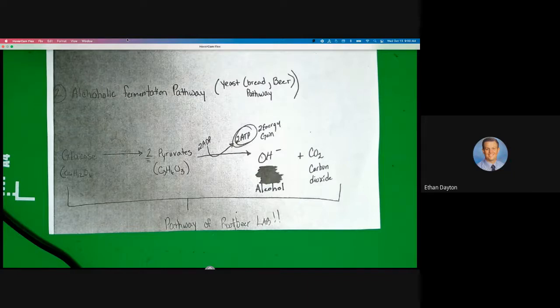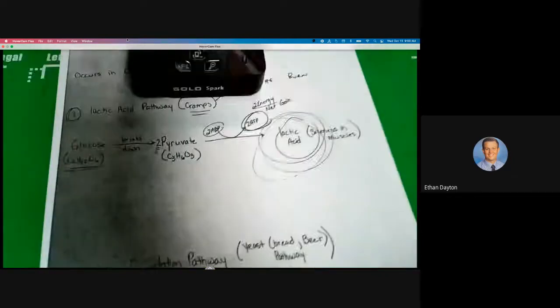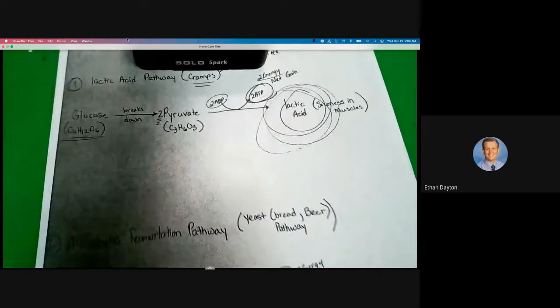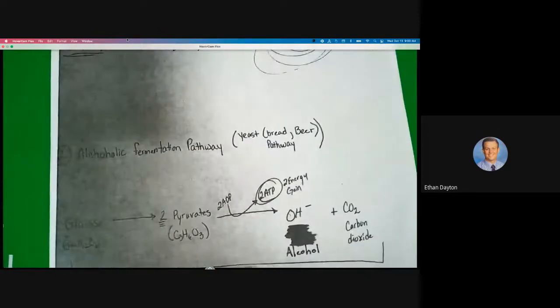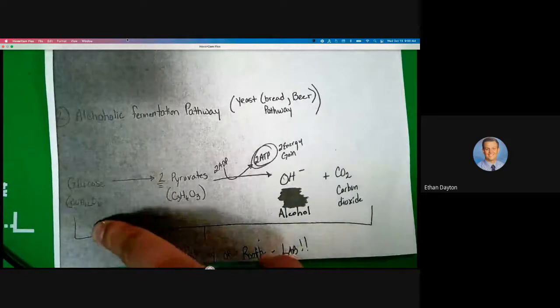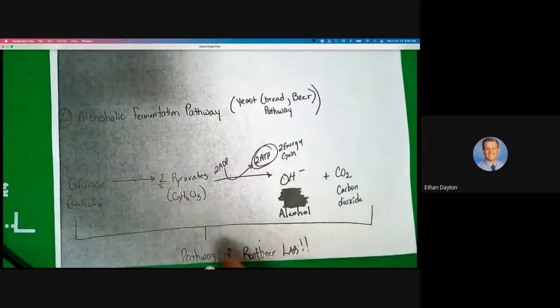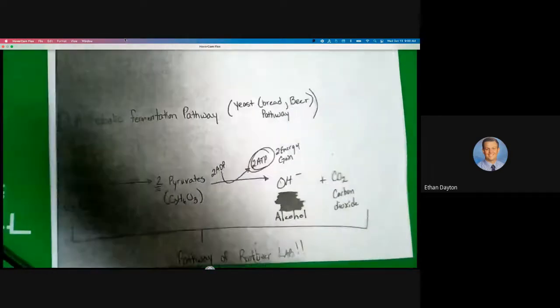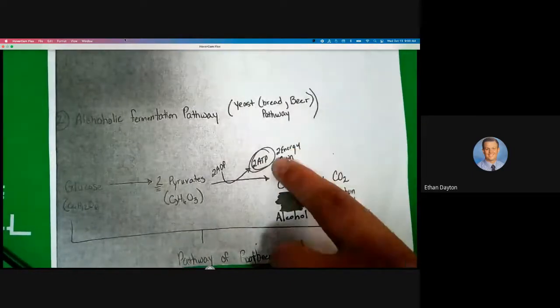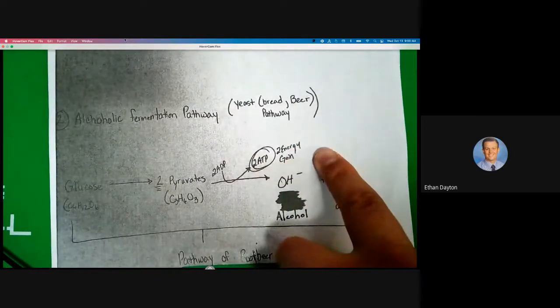And just like in lactic acid fermentation, the glucose is then broken down into 2 pyruvate. Pyruvate is half of glucose, C3H6O3. They're doing that to make energy. And what's the energy gain for the yeast there? 2 ATP.